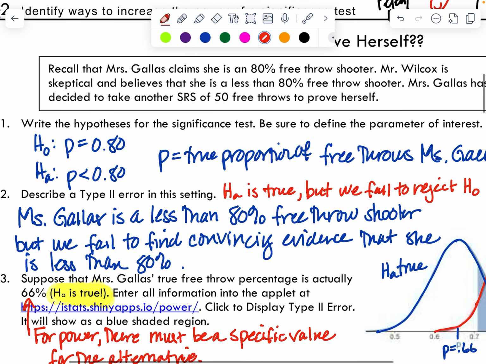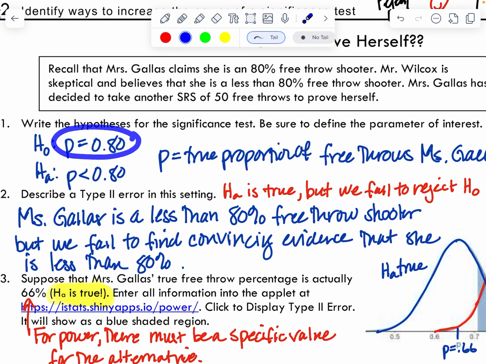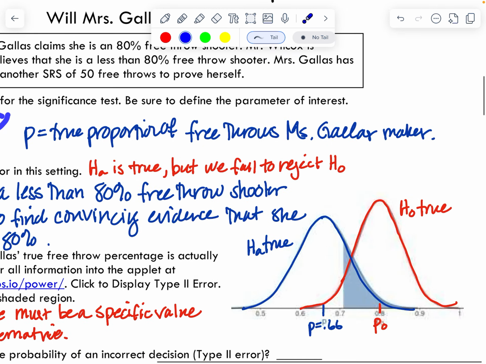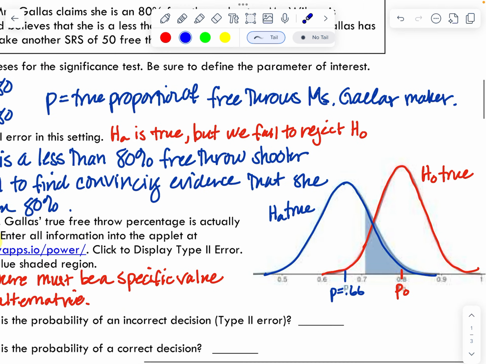So we're assuming that Ms. Gallus is an 80% free throw shooter. In order to reject this, we need her to get a p-hat that's pretty low, right? It needs to be quite a bit below 80% for us to say, yeah, we're going to reject this, all right? So let's say we're over here in the red distribution, and we're assuming she's 80%.